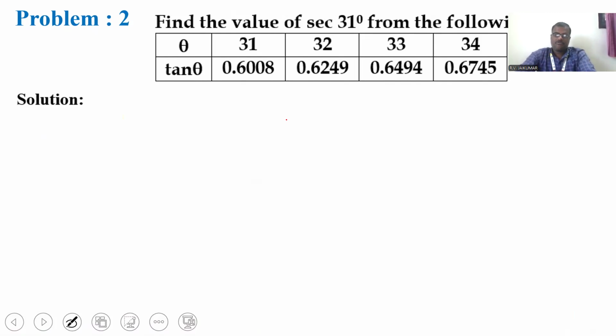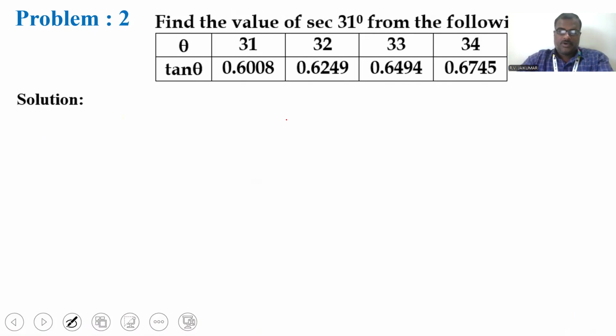The differentiation of tan theta becomes secant square theta, right? So taking the square root of secant square will give you secant theta. So indirectly they are asking to find the first derivative for the given data at x equal to 31. Here not x, theta.